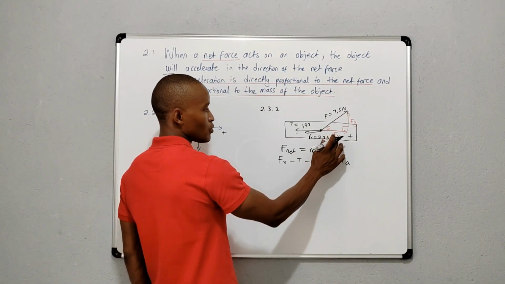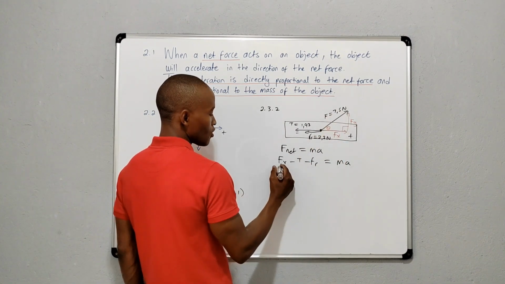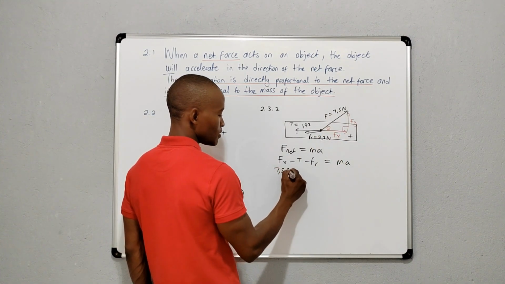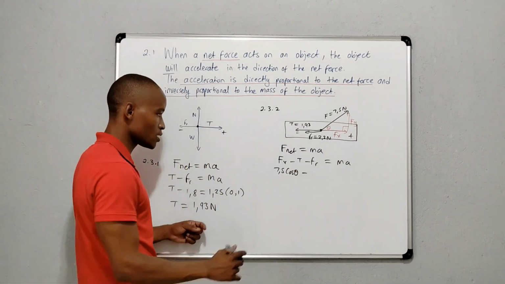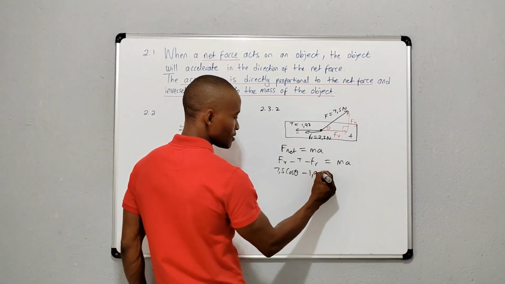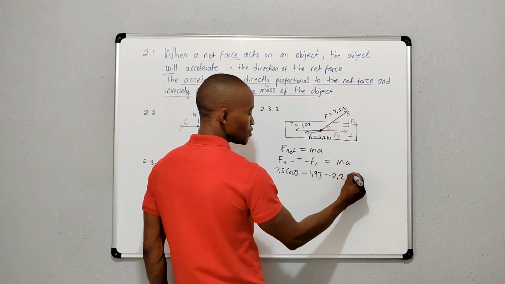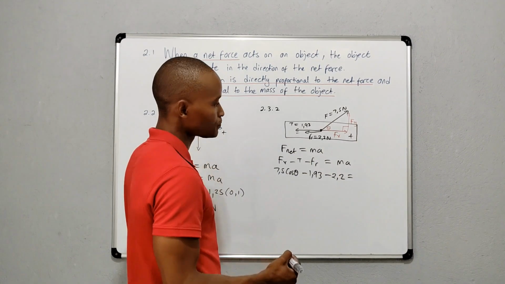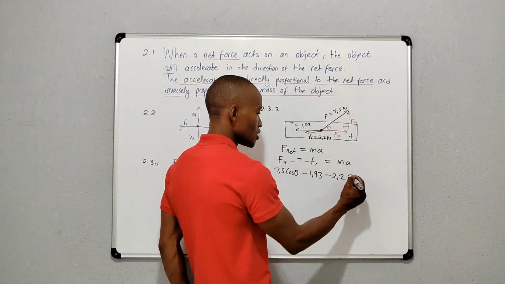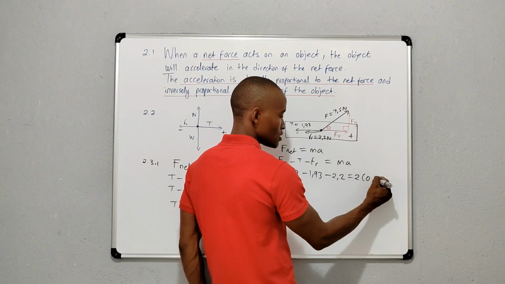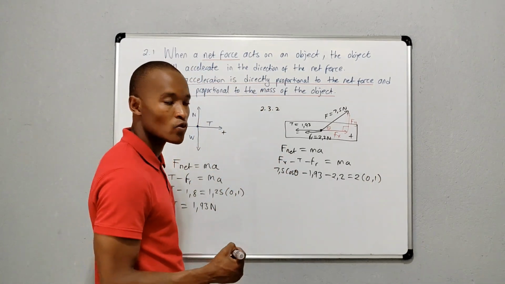So we have Fx minus T minus the frictional force is equal to ma. What is the x component? It will be 7.5 cos theta, minus the tension, which we got from here, 1.93, minus the frictional force of 2.2, equal to the mass of crate Q, which is 2 kilograms, times the acceleration, since the system is accelerating at 0.1 meters per second squared to the right.